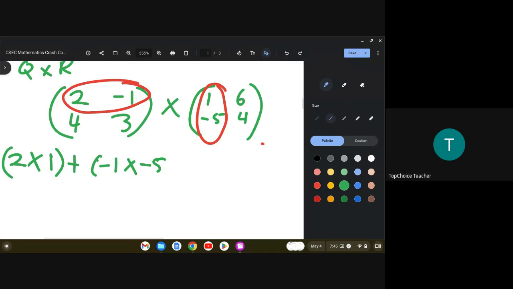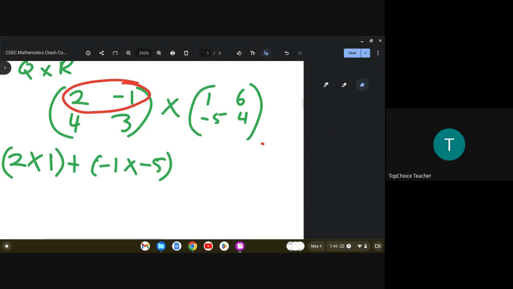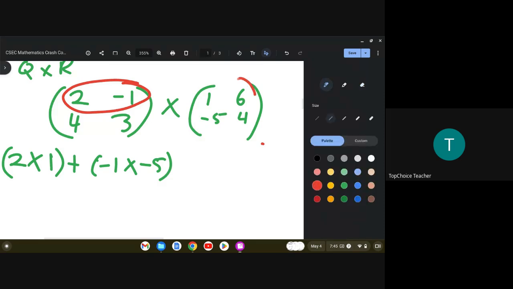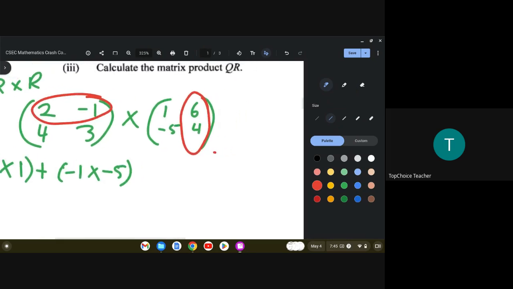Now we're moving on. Now what we have to do is do the same thing, but we're multiplying the first row now by the second column. The exact same thing, we're going to do it again.